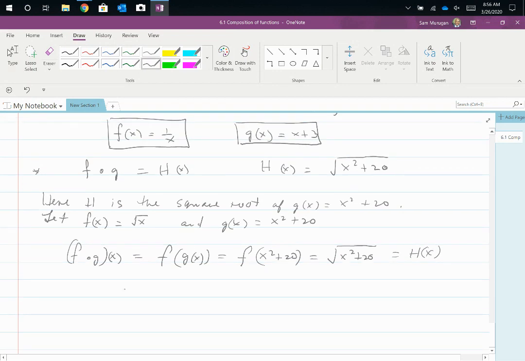So our component functions: f of x is the square root of x, and g of x is x squared plus 20.